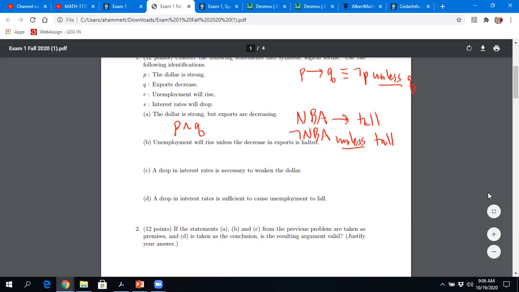So I have unemployment will rise unless the decrease in exports is halted. How would I write that as an or statement? Unemployment will rise, that's R, unless what?